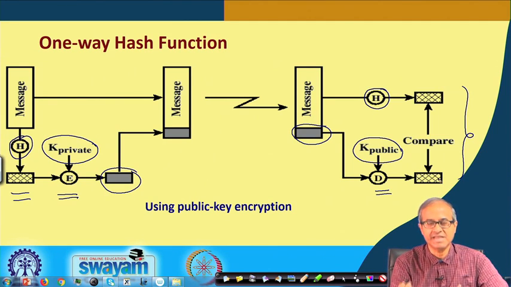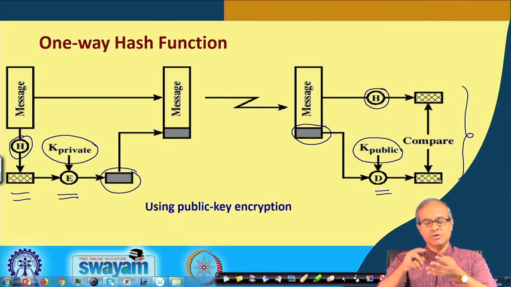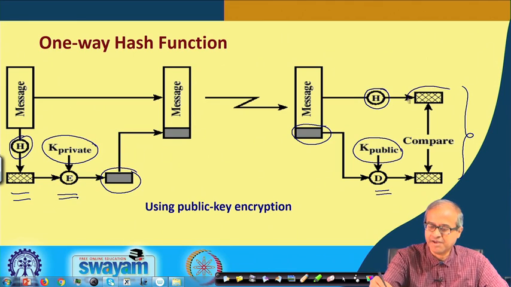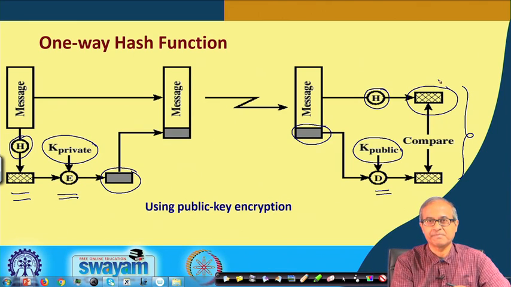If there is a match, just like with symmetric key encryption, here also we can verify two things together. Firstly, that it must have been signed by the intended sender, because otherwise I could not have decrypted it using the public key, and secondly, that the message was not modified. There is no loss in integrity, because of that I could get back the correct hash value here.